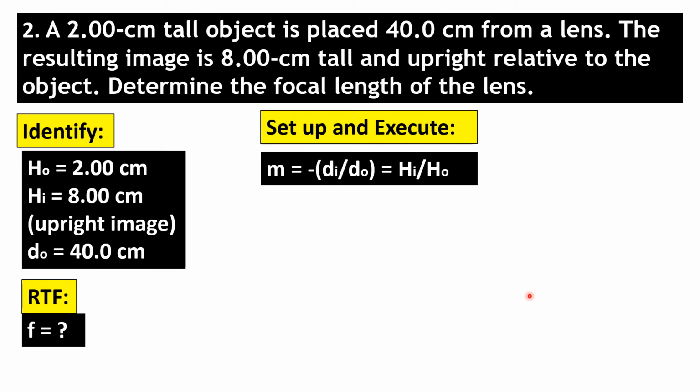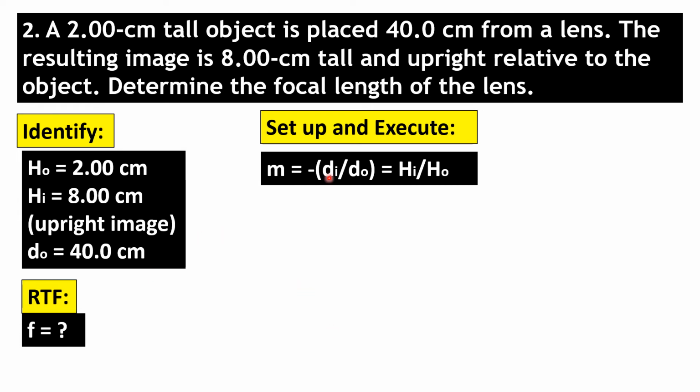We cannot go directly to the formula relating the focal length, the object distance, and the image distance, because we don't know the image distance yet. But we do know the height of the image and the height of the object, and there's a relation between the magnification m and the ratio of the image height and the object height, given in this equation.